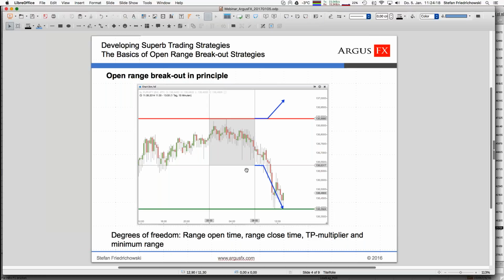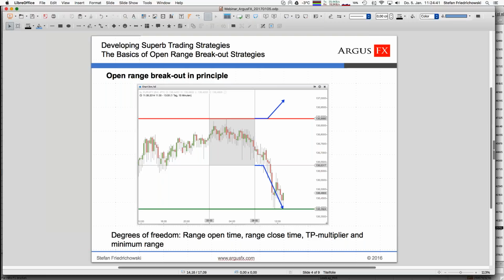You see, we have degrees of freedom for that kind of strategy. 1 degree of freedom is the open time of that range. In this case, midnight, but all other times would be possible as well. 1 o'clock, 2 o'clock, 3 o'clock, whatever.